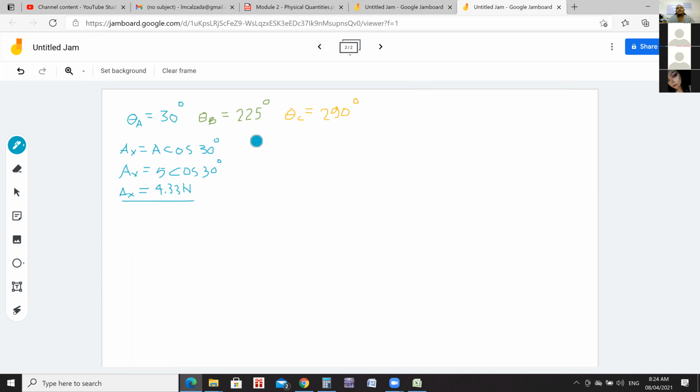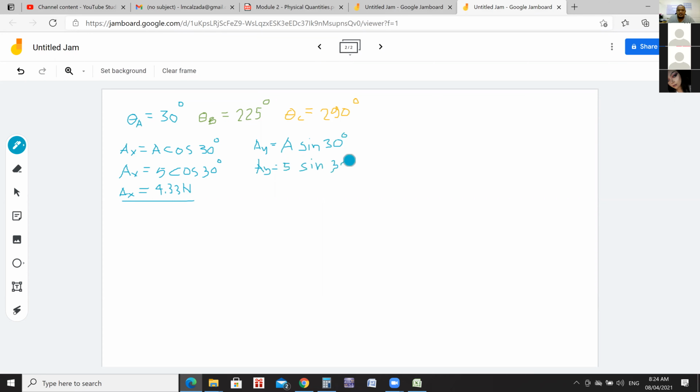Okay. Now let us proceed now to AY. AY is equals to A sine of theta A. In this case, theta A is equals to 30 degrees. Ato na dito suot ang 30 degrees. Or AY is equals to, pila to ang A? 5. 5 sine of 30 degrees.